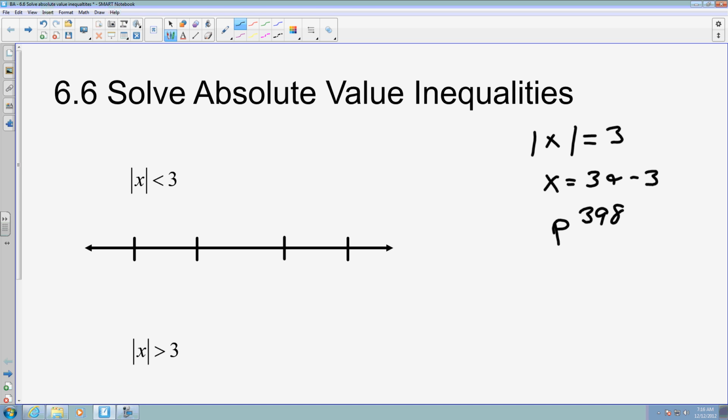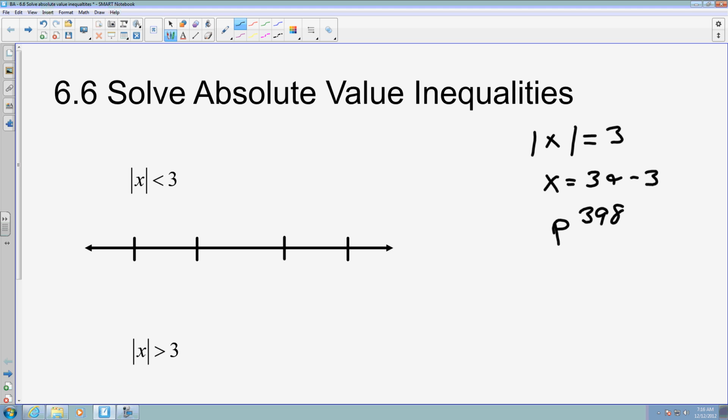On page 398, there is a description where it says, recall that the absolute value of x equals 3 means that the distance between x and 0 is 3. The inequality of the absolute value of x is less than 3 means that the distance between x and 0 is less than 3.